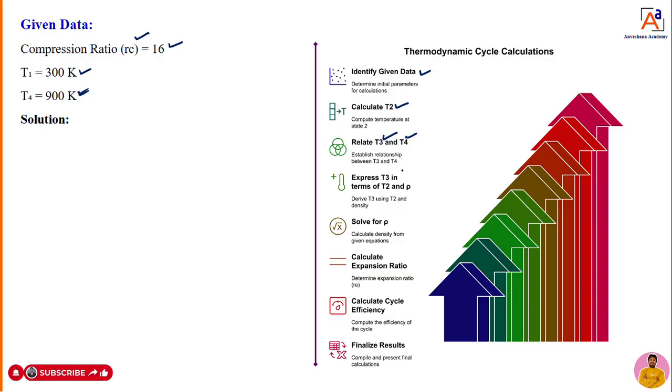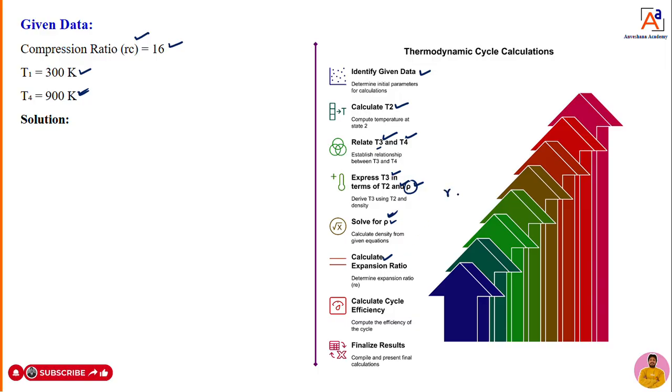Once you know the value of T3, I am going to express it in terms of T2 and rho. Then I will do simplification and try to calculate the value of rho. Then next, I will calculate the expansion ratio.